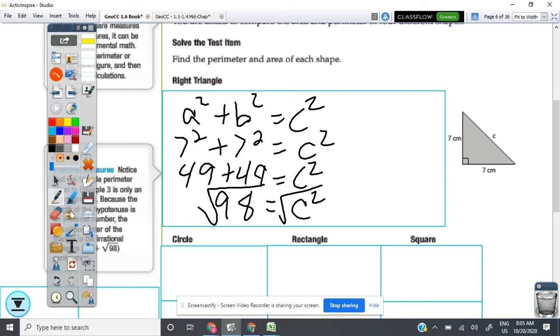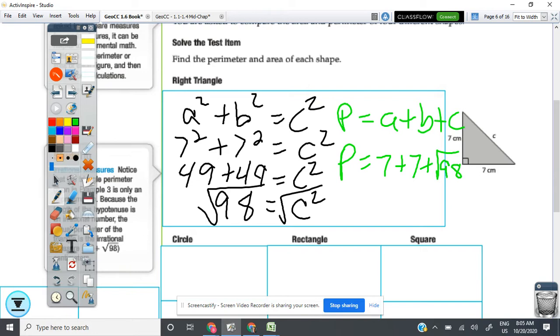Okay, so what's my perimeter? P equals all the sides added up, a plus b plus c. And then I would just do that on my calculator.